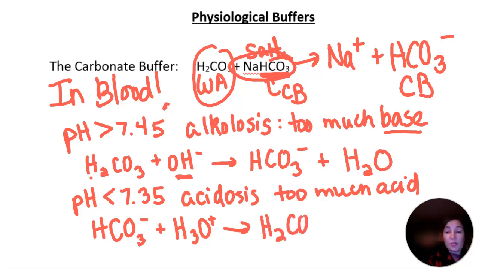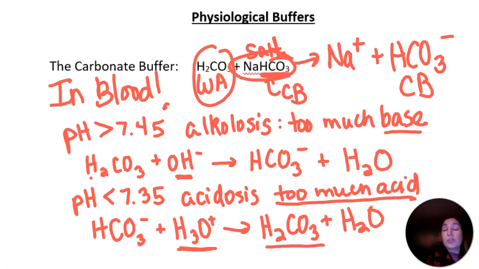So you'll have H2CO3 and water, kind of reforming the carbonic acid. So it's a weak acid. There's lots of the intact carbonic acid in solution. So that's how it deals with too much acid, too much H3O plus.